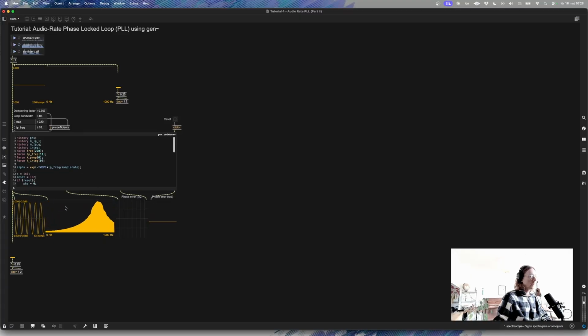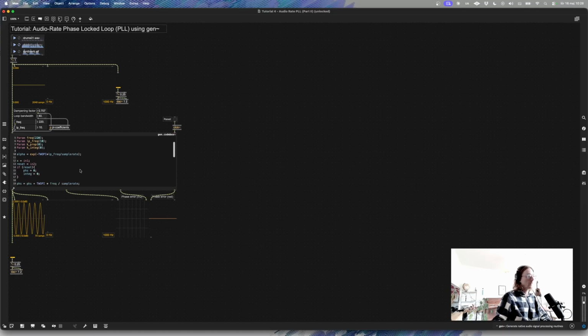and one way to do this is to track the envelope of our input signal and feed this as an input to the gen algorithm and simply apply the same volume envelope in gen.